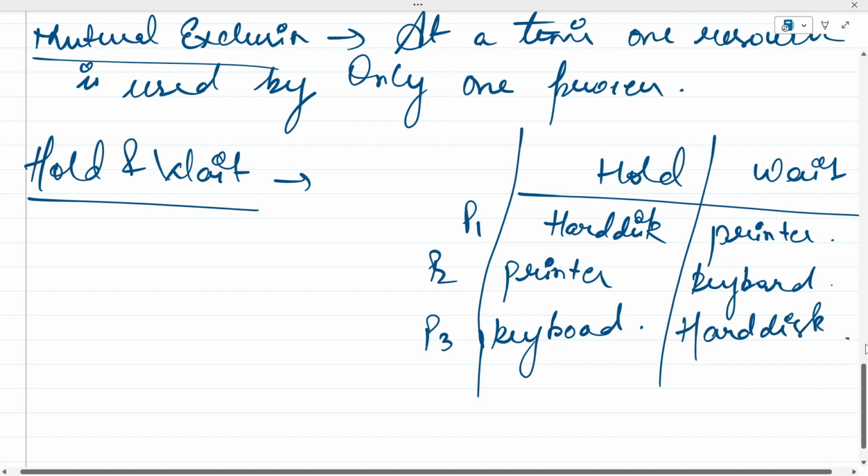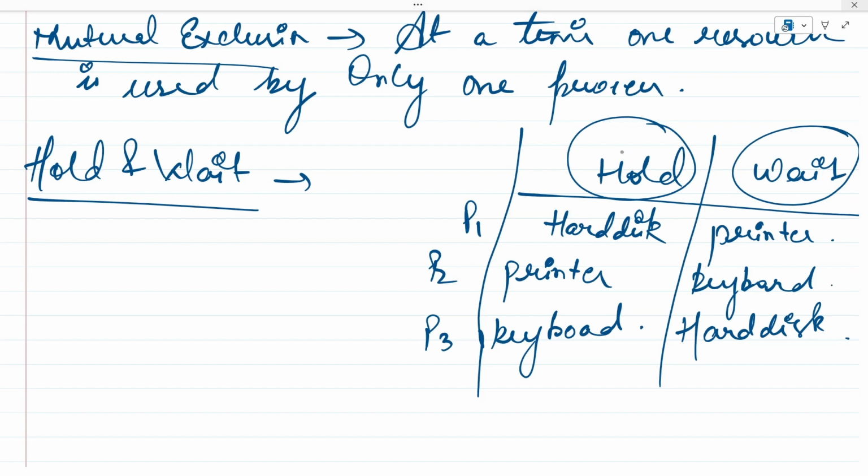This is the meaning of hold and wait: for a deadlock, each process must hold at least one resource and wait for at least one resource. If this condition happens, then we can say the processes are going into a deadlock.